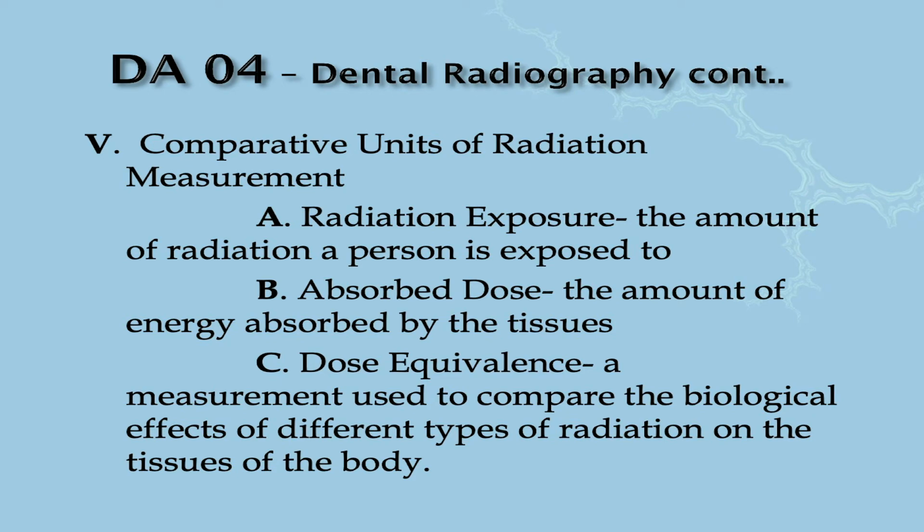Comparative units of radiation measurements are radiation exposure, or the amount of radiation a person is exposed to. That's a good one to know. The absorbed dose is the amount of energy that's absorbed by the tissues. The dose equivalence is the measurement used to compare biological effects of different types of radiation on the tissues of the body.